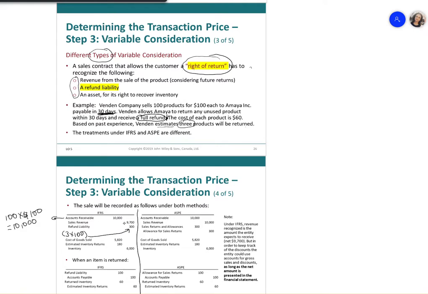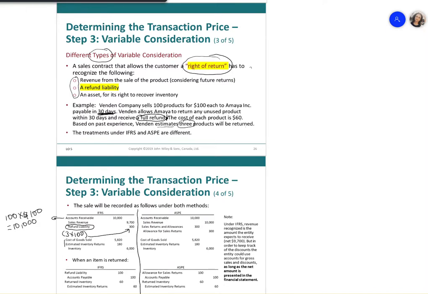Our sales revenue will be recorded at 9,700. We need to keep this refund liability as a liability because it's in the contract. We have to set up a liability until the 30 days are over.